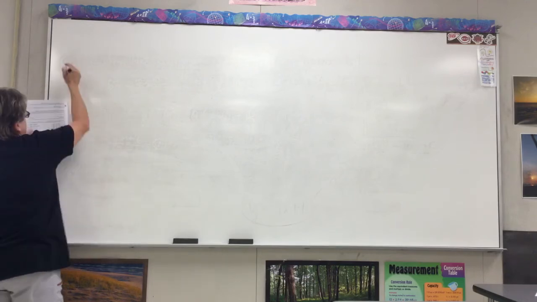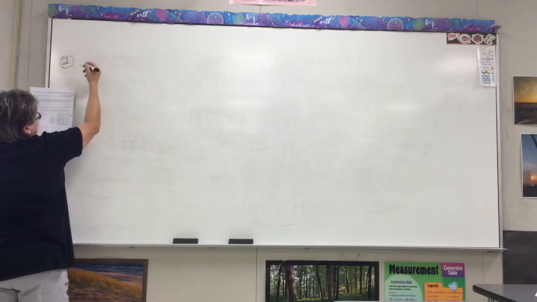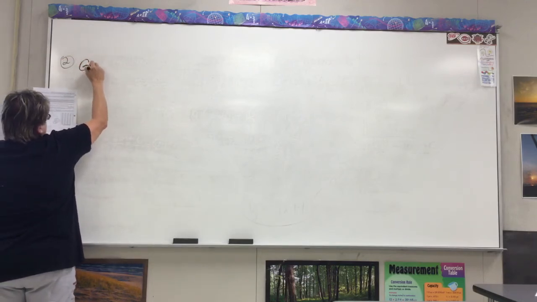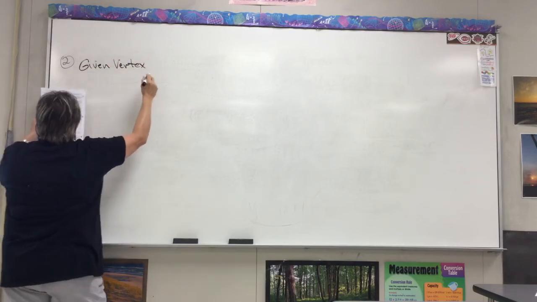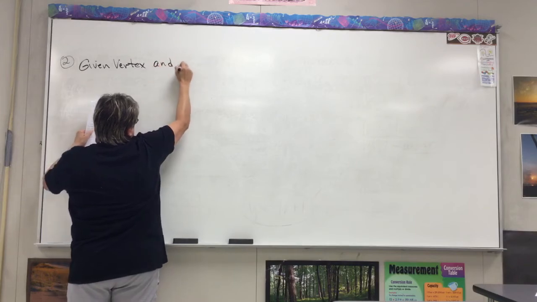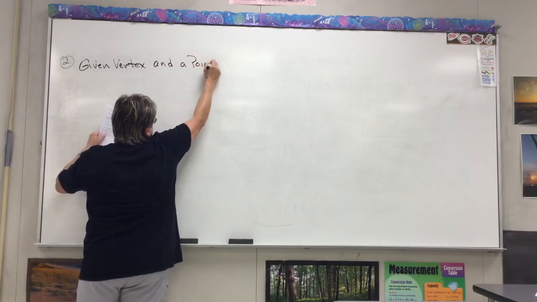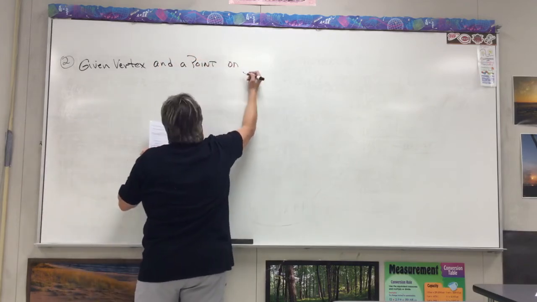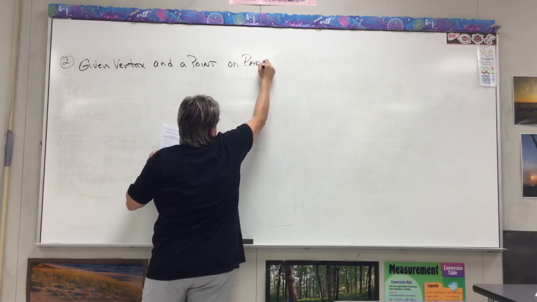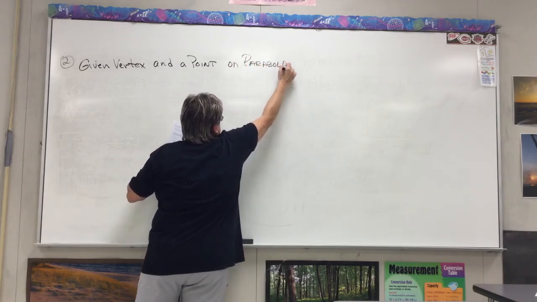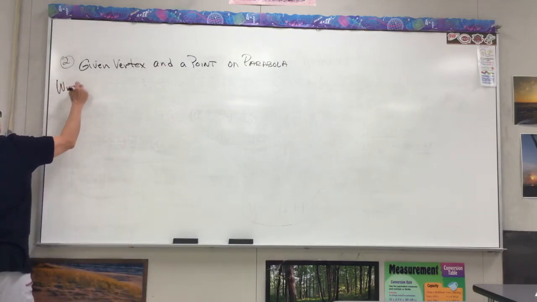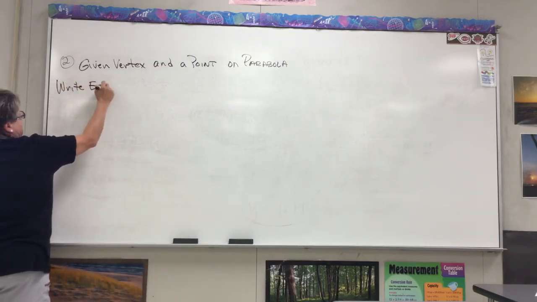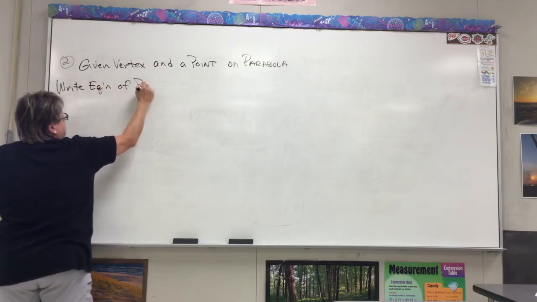Okay, so here's your second type of problem for the quadratic section. Let's suppose you are given the vertex and a point on your parabola, and the question says write the equation of the parabola.